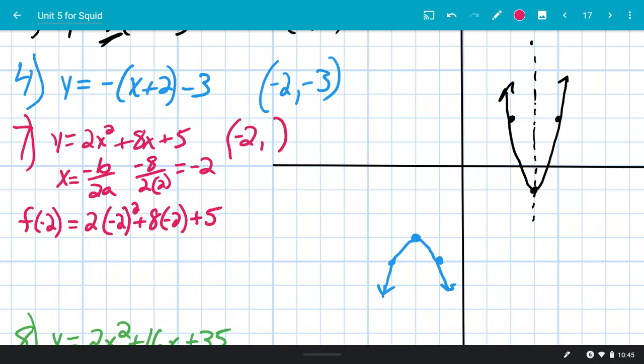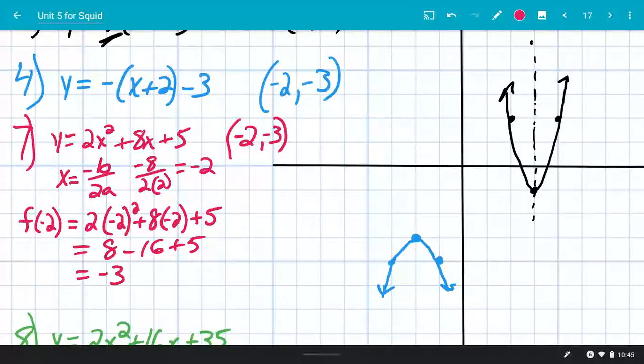All I did is plug it in. Now simplify it. -2 squared is 4. 2 times 4 is 8. Minus 16 plus 5. 8 minus 16 plus 5 is -3. Now I know my vertex.